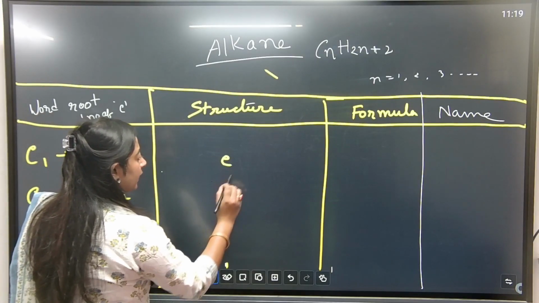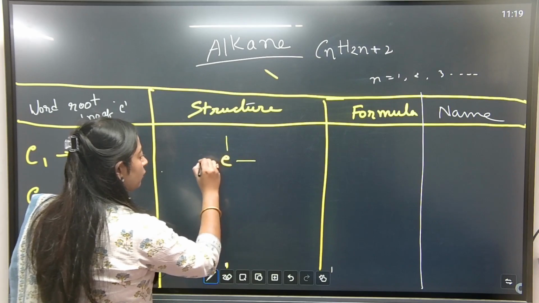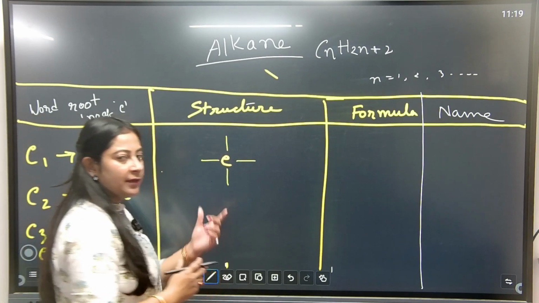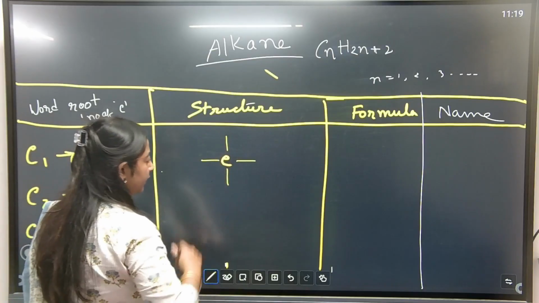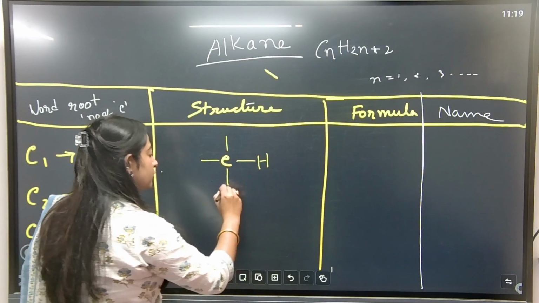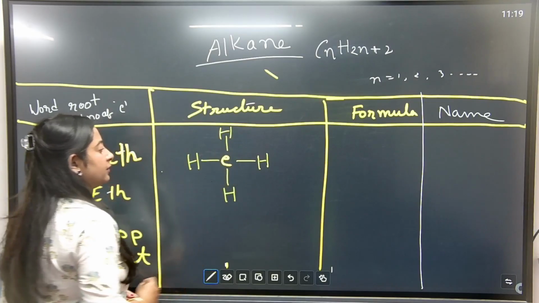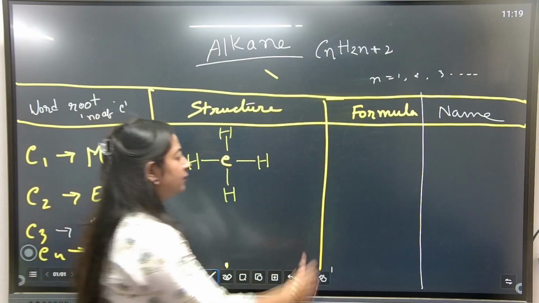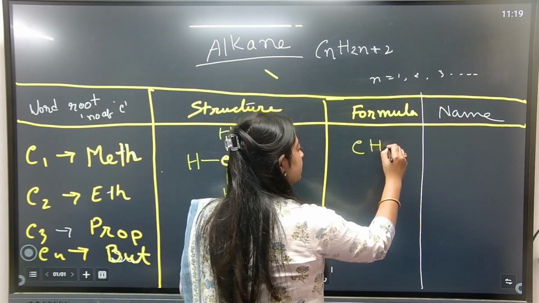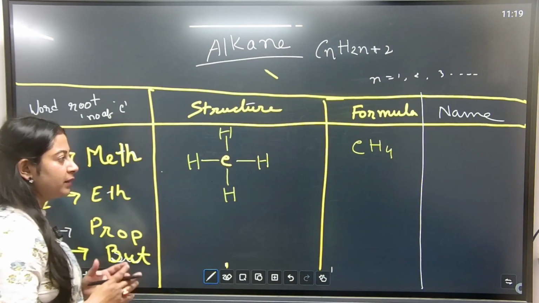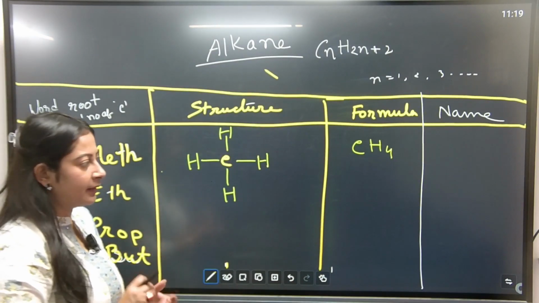Okay, now let me draw. You have one carbon and I'm opening its 4 bonds. तो एक ही कार्बन है, इसका वैलेंसी 4 है, तो 4 बॉन्ड्स हैं, and I will place hydrogen. तो क्या प्लेस करेंगे, हाइड्रोजन ही प्लेस करेंगे इस जगह पे. तो इसका फॉर्मूला क्या हो गया, CH4. See, this is a very systematic way to learn organic compounds. इससे simplest way नहीं है, so you have to first learn, then practice.